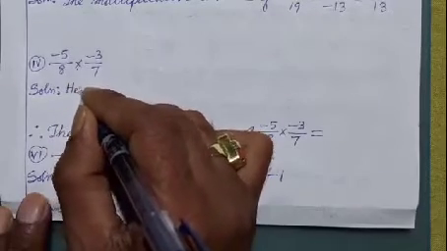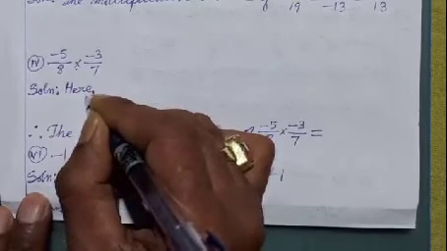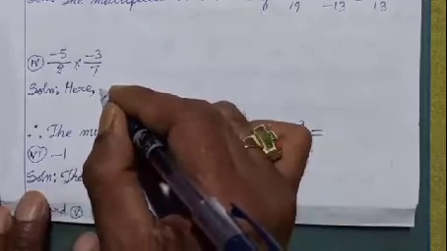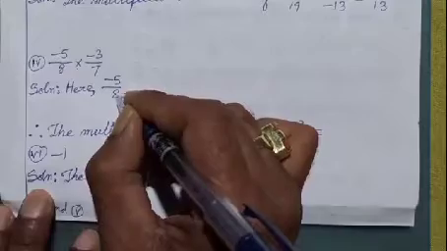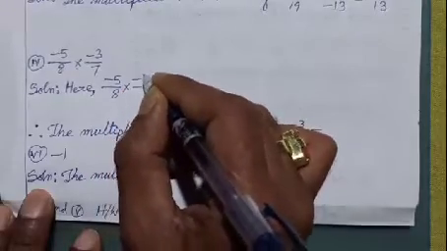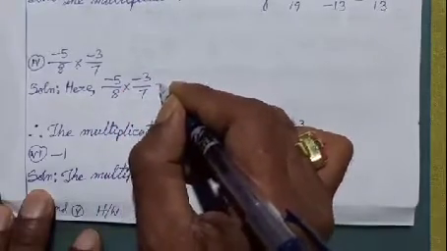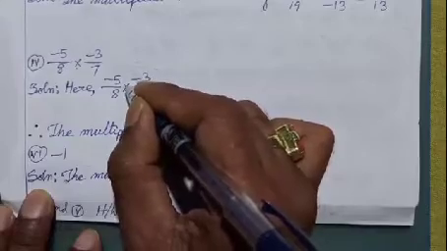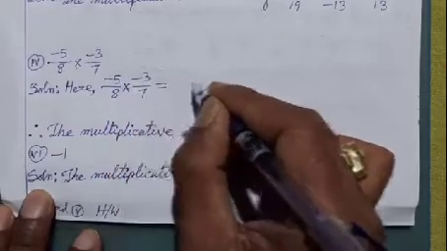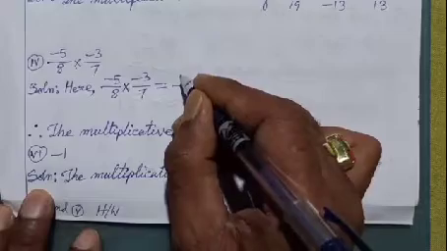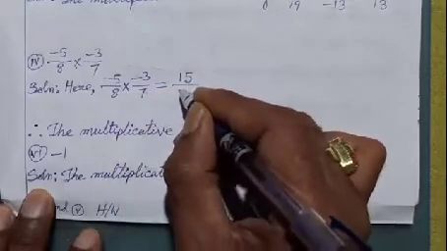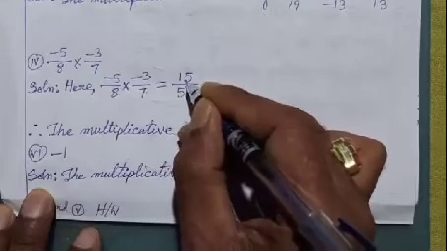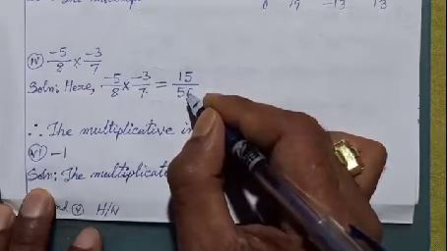Here minus 5 by 8 into minus 3 by 7 is equal to, since this is multiplication, minus 5 and minus 3 are multiplied, then plus 15, the plus sign we are not going to keep. 8 sevens are 56. We are getting 15 by 56.